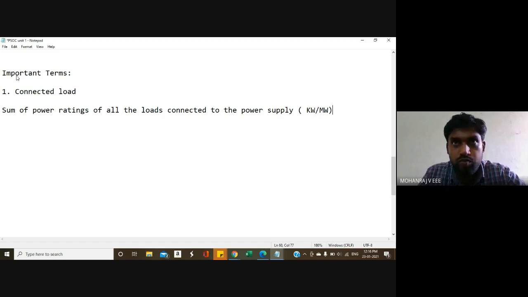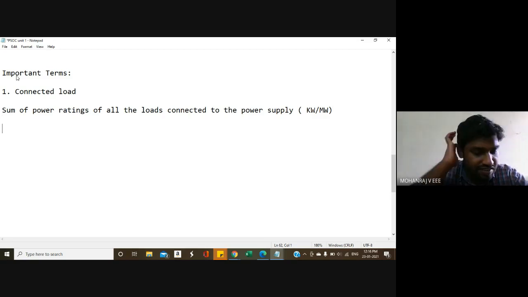Say if you take your home, say you have only 10 tube lights. Each and every tube light has a power rating of 40 watts. So 40 into 10 is 400 watts, so 0.4 kilowatts is the connected load to the power supply with respect to your house.